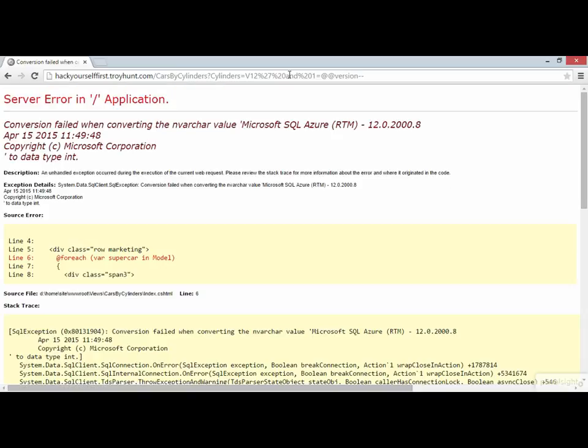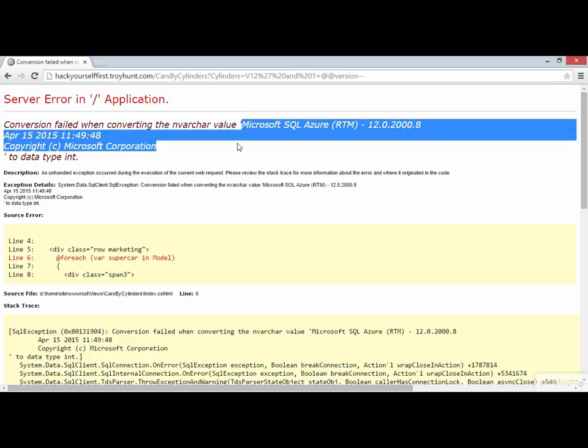Now, as we know already, that equivalency with the number 1 is going to cause a typecast exception. And consequently, the error-based SQL injection risk on this page has returned the internal database version. And it's everything from here down to here, even including line returns. So we can see here that it is running on Microsoft SQL Azure 12 point something.